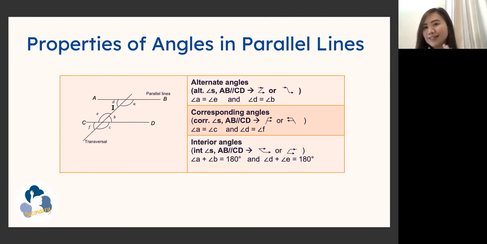They do not fall on the same side. That means one is on the left of the transversal, the other on the right. And then they have to be between the parallel lines. You realize both angles are between the parallel lines. So this is another way to identify alternate angles.